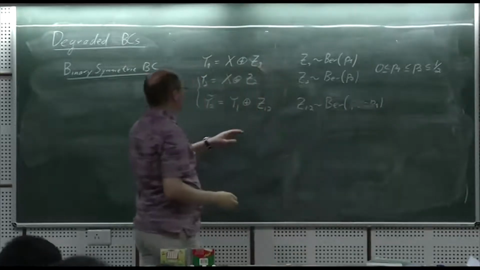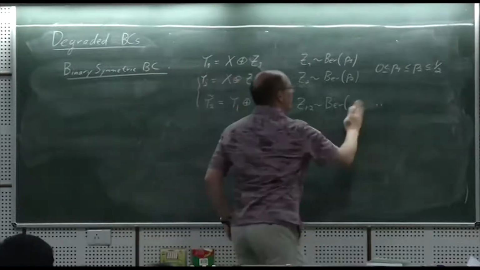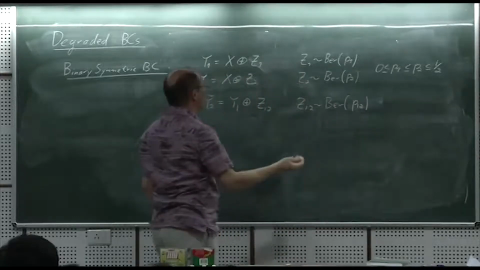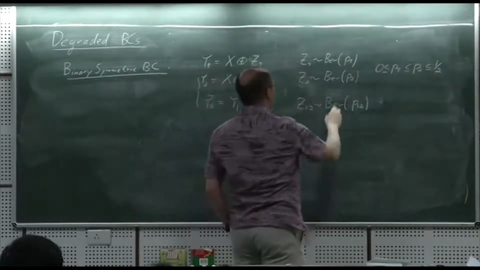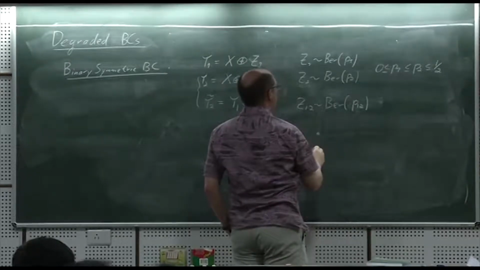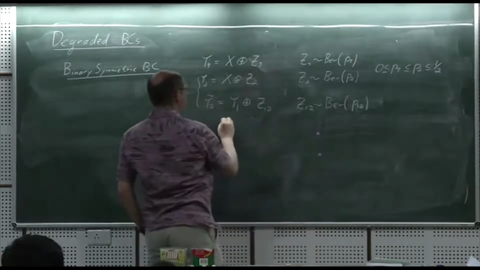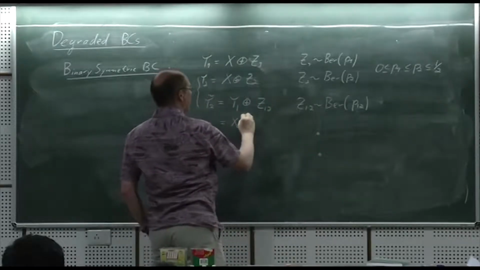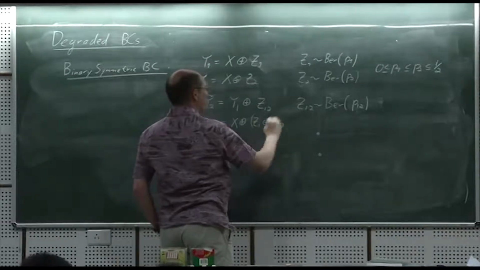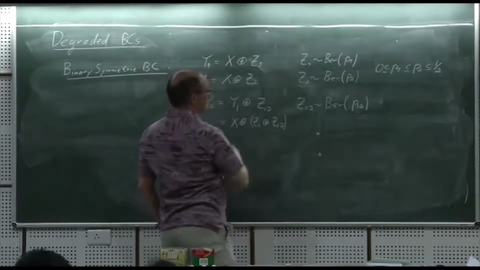So, what is the parameter going to be? Let's try to figure out what that is, p12. There is such a parameter, because what I have is this thing is going to be x XOR z1 XOR z12. I need the crossover statistics of this to be the same as the crossover statistics of z2.